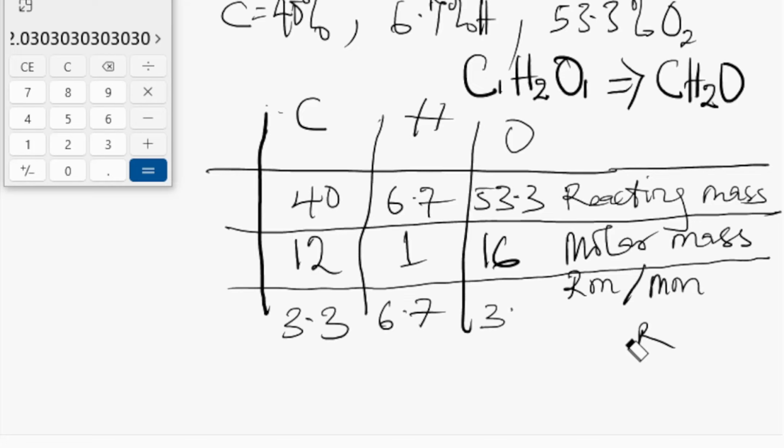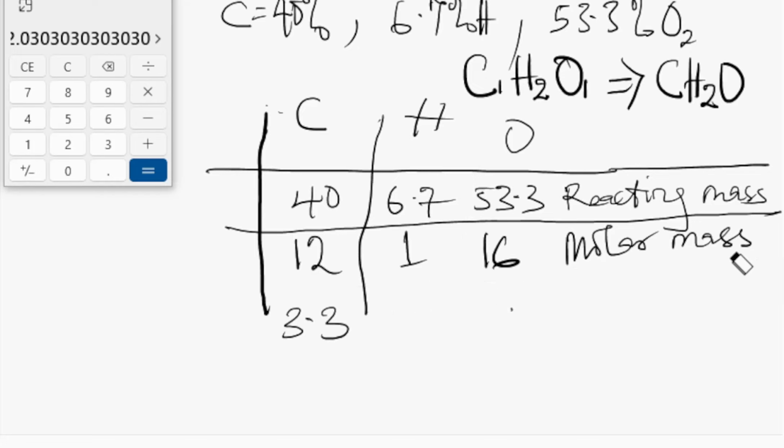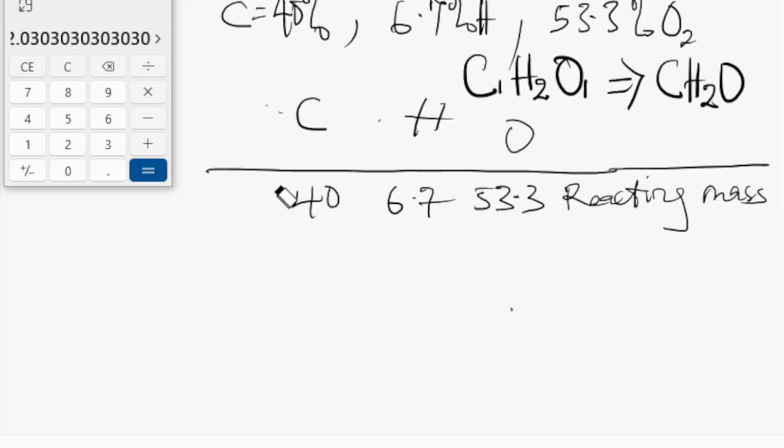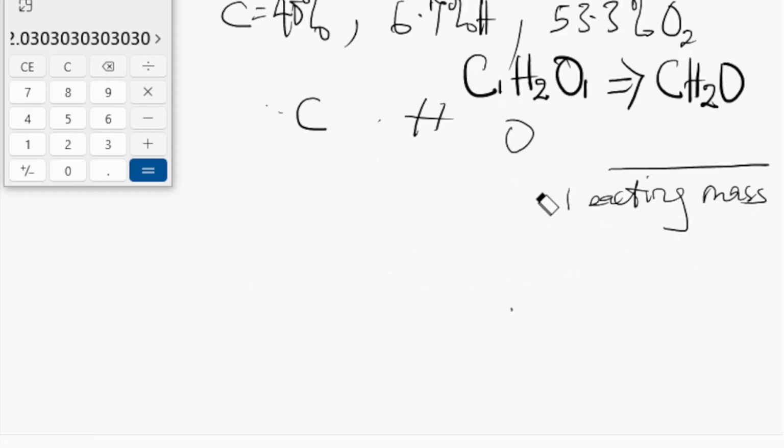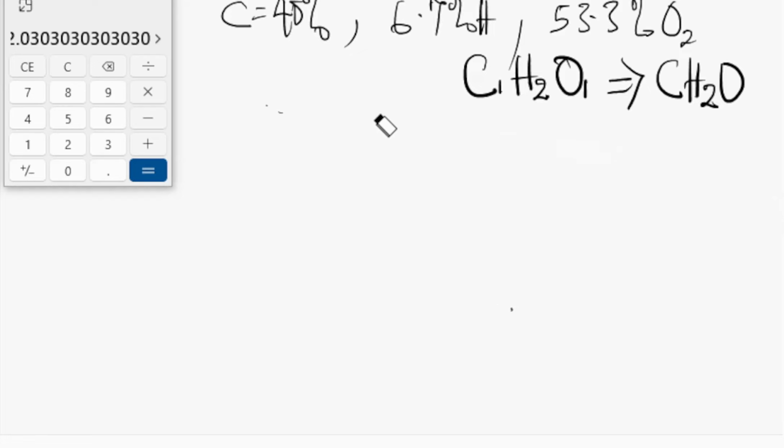And so guys, at this point, we've arrived at something for the empirical formula. We want to use this to get the molecular formula. We already have the empirical formula to be CH2O.